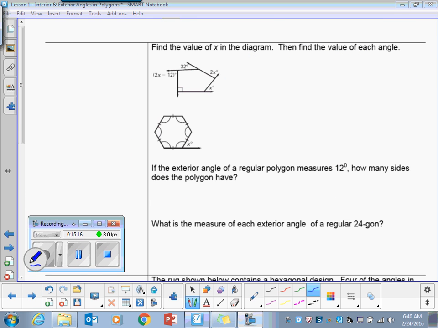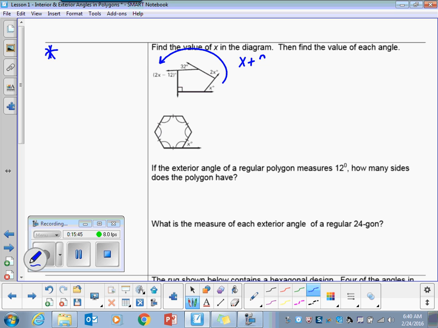All righty. You're going to need a guiding question here as we talk about exterior angles. Find the value of x in the diagram, then find the value of each angle. Exterior angles, no matter how many sides you have, add up to 360 degrees. This time they went counterclockwise around as they did my exterior angle.